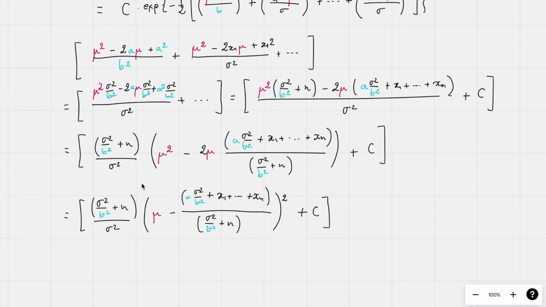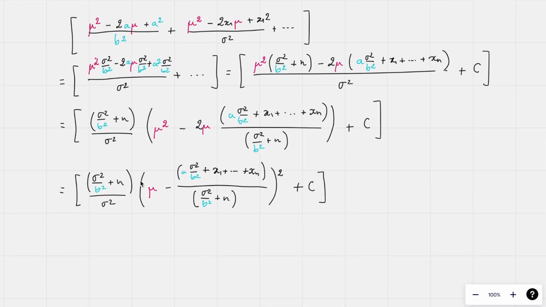in one final form. So the numerator will be equal to a certain constant times the exponential of minus 1/2 times this here, which is between square brackets. And so here we go again. We write it one more time.